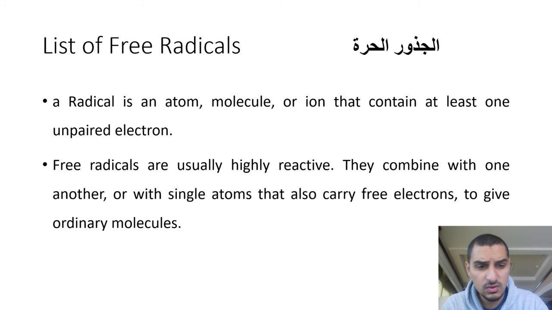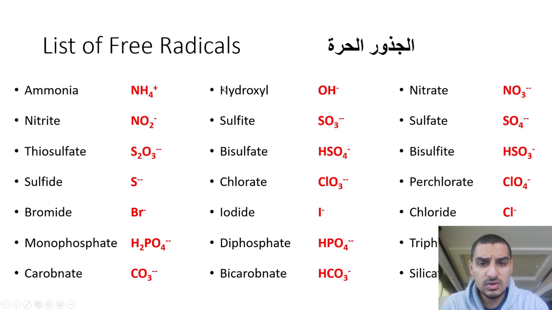We know a lot of them, like ammonia, hydroxyl group, nitrate, sulfate, sulfide, bisulfite, perchlorate, chlorine, chloride, iodide, bromide. So there is a big set of free radicals. The majority of the free radicals are negatively charged, and some of them, which are not too many, like ammonia, are positively charged.